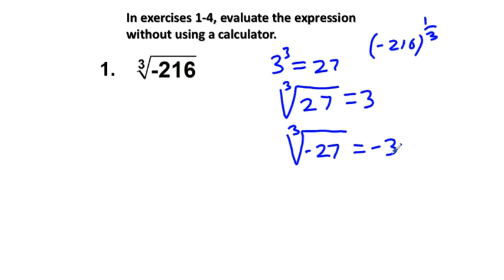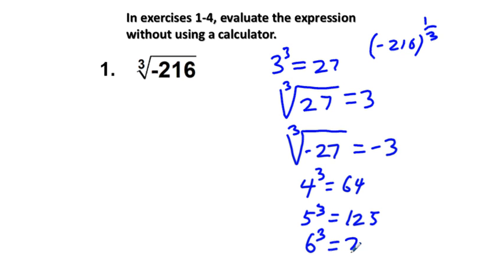negative 3. Now, in this case, the cubes, if we go to 4 cubed, we get 64. If we get 5 cubed, 5 times 5 times 5 equals 125. And finally, 6 times 6 times 6, which will be 36 times 6, is 216.